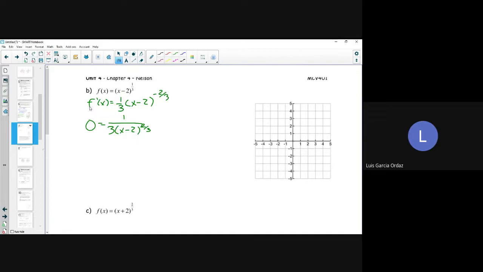And if I isolate for x and I cross multiply, I get 0 is equal to 1, which is never possible, which means there is no solution, which also means that f prime of x is undefined when x is equal to 2, because of our denominator.